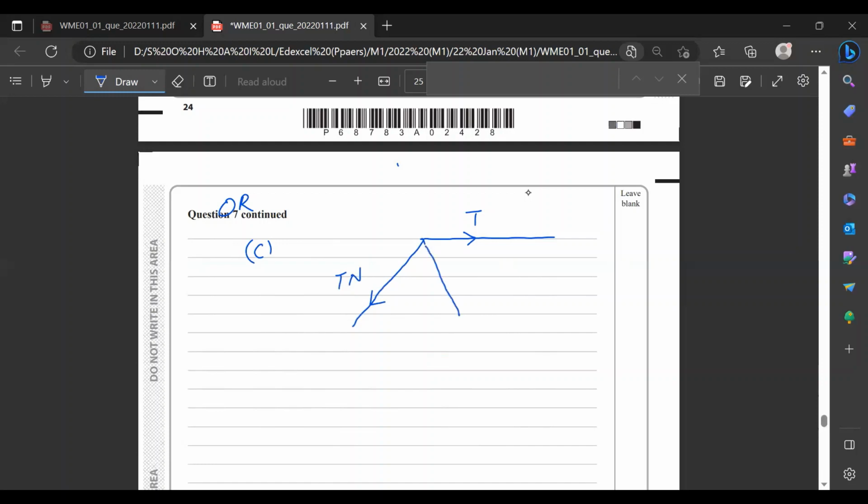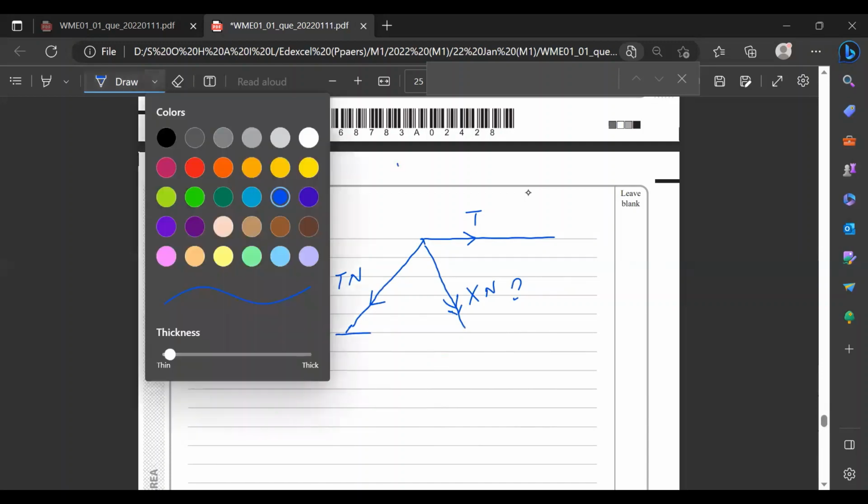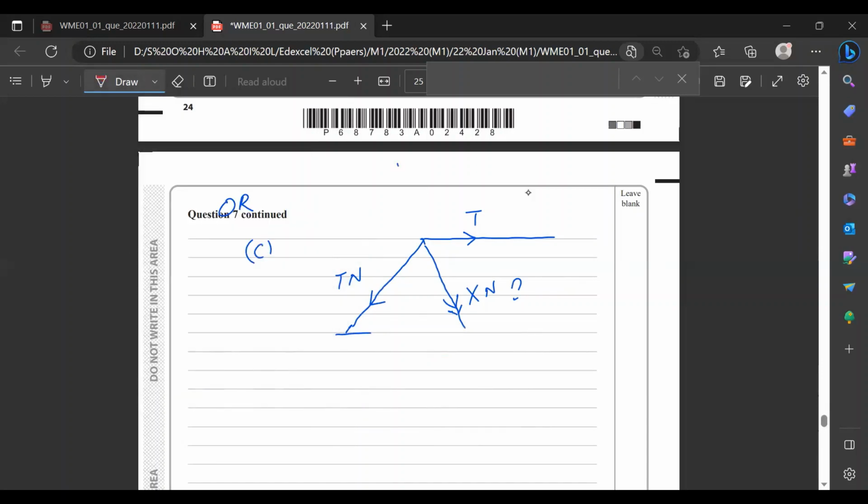Here was the question mark, X newtons. For this, we need to find the angle between the two forces. These two are forces of the same magnitude. So tan of alpha is 3 upon 4. So you can find this angle.